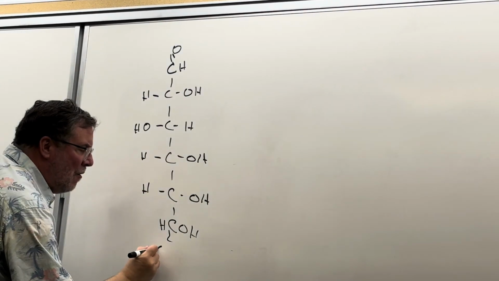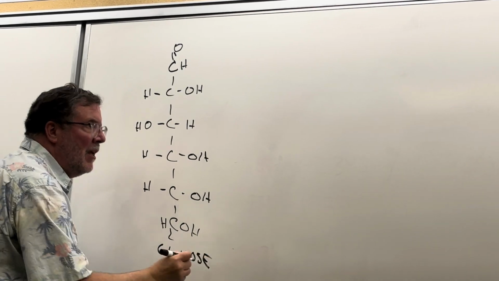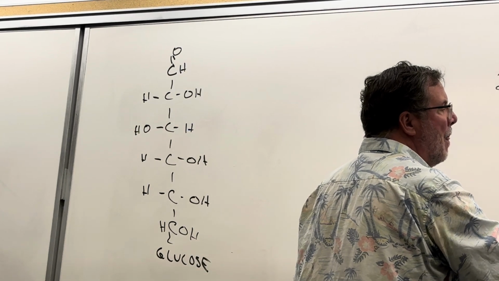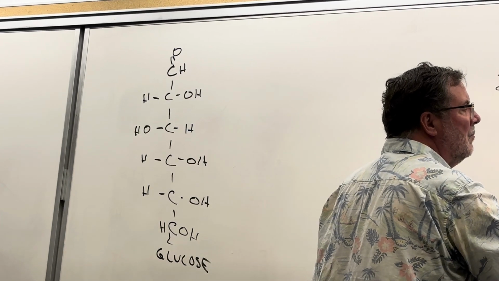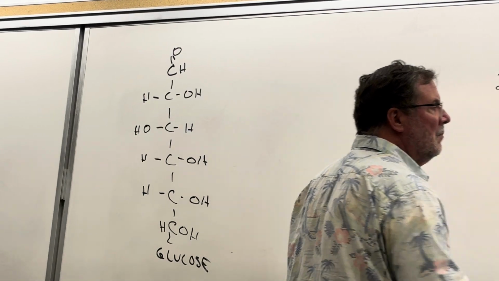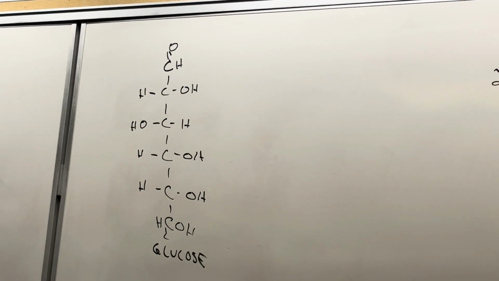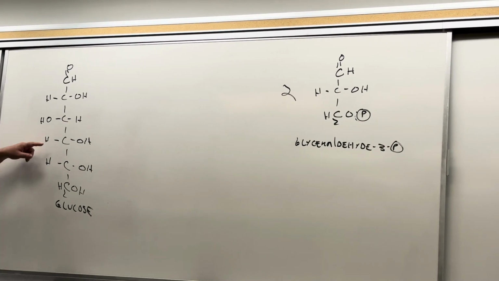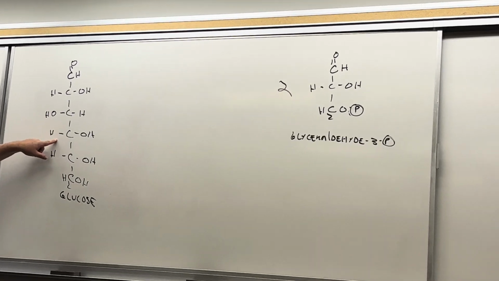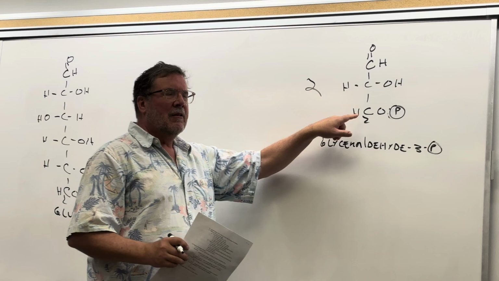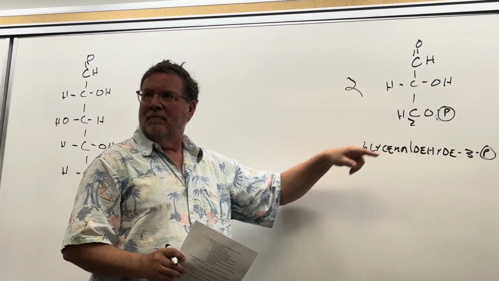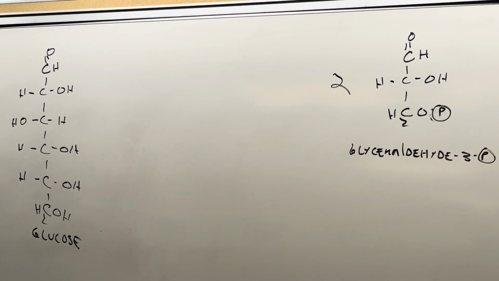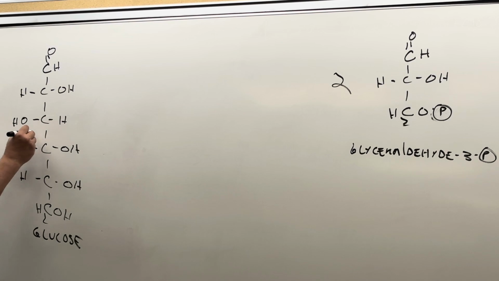So we're going to start with glucose, and we end up with 2 glyceraldehyde 3-phosphates. What are some of the things that we have to do to convert this molecule into this molecule? What's one thing? Yeah, we're going to have to break this, right?